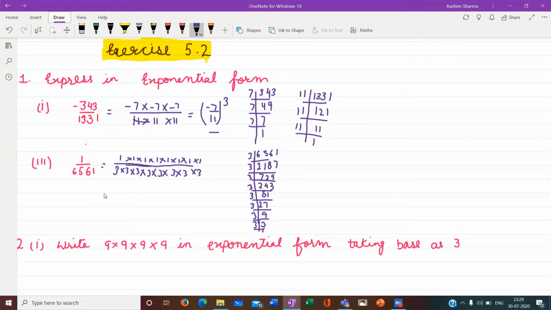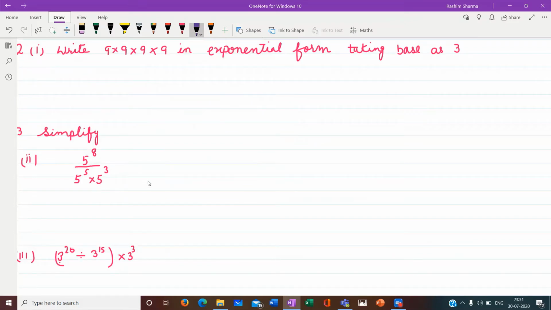So it means we can write it as 1 upon 3 raised to power 8. Because question number 2 is write 9 into 9 into 9 into 9 in exponential form taking base as 3. So we all know 9 can be written as 3 into 3. So if I write first 9 as 3 into 3, second 9 is again 3 into 3, then third 9 is again 3 into 3, and fourth 9 is again 3 into 3.